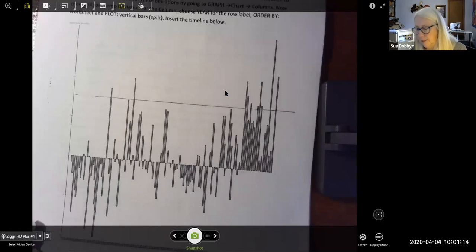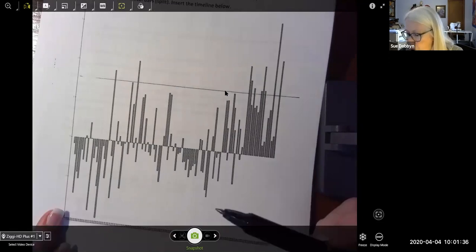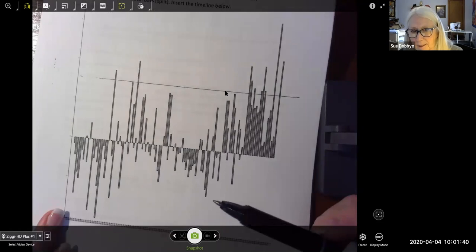Now, in the one that I have here, I have drawn a line that helps you identify the 10 years where the deviation was the highest, okay? So think of this as the global temperatures were the highest from a normal deviation of 0 year to year.